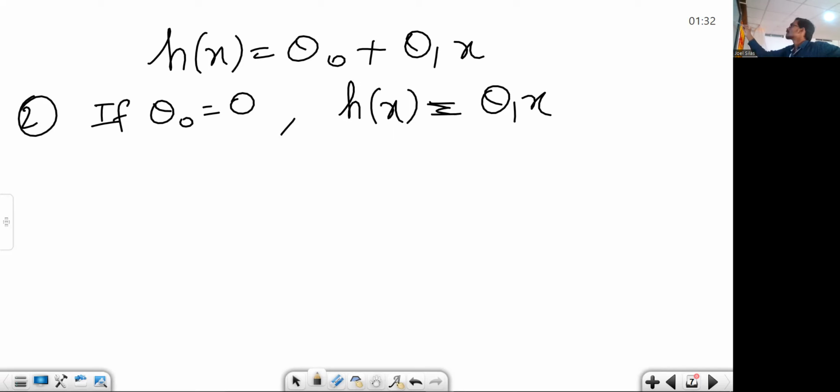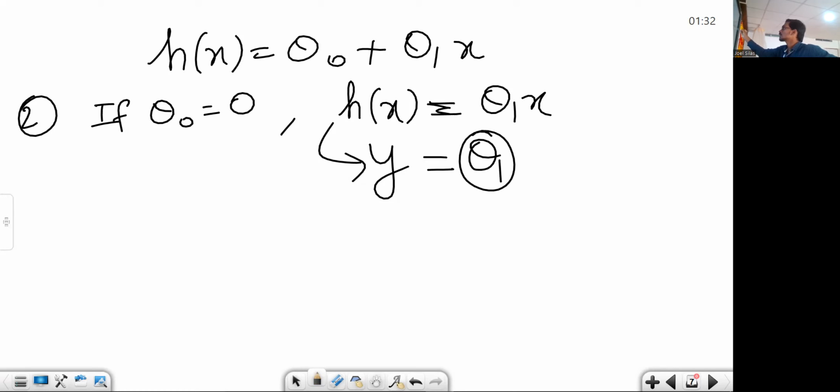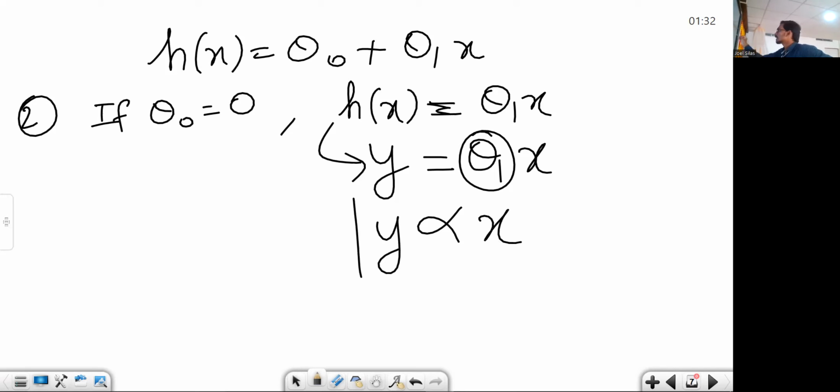This means that your output y, h of x means y, is equal to some value of theta, that means some slope, into x. That means y is directly proportional to x. That means an increase in x causes an increase in y, and a decrease in x causes a decrease in y.